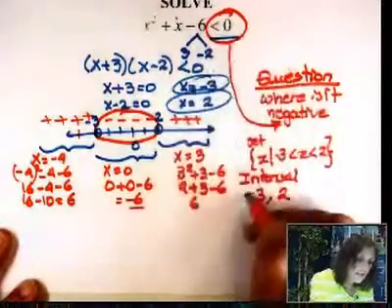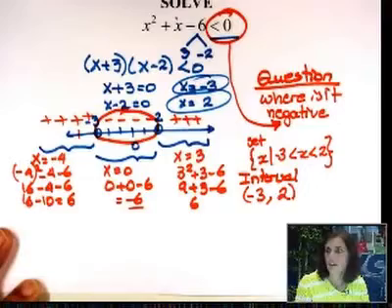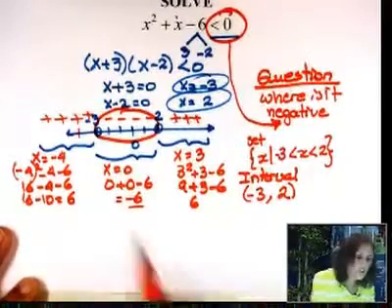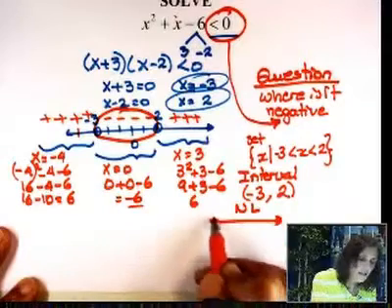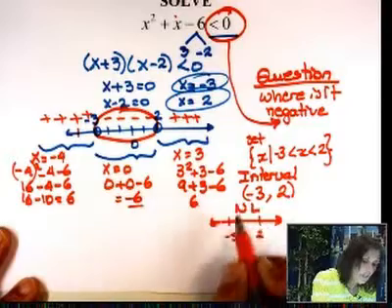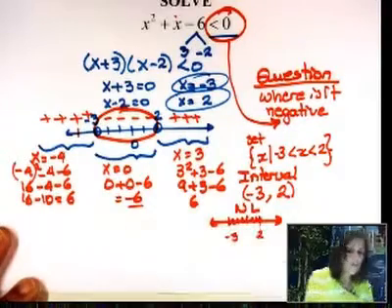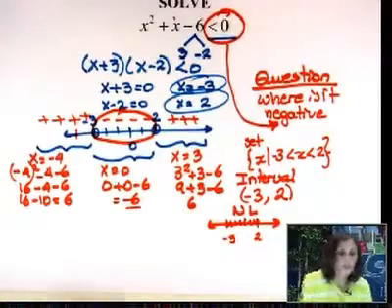Since it's less than, it's in parentheses. Or number line notation, which is simply the number line. You have negative 3 and 2, and you are only taking negative 3 to 2. Okay, I did it all. Three notations.